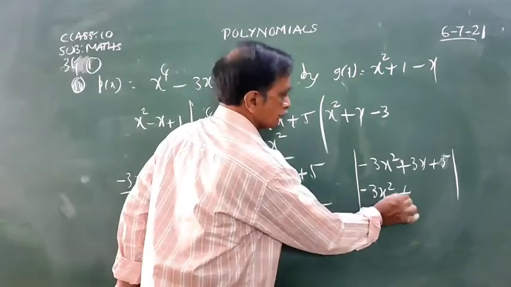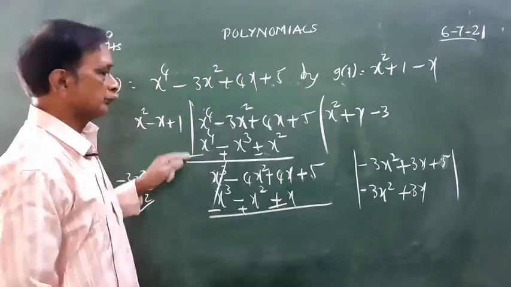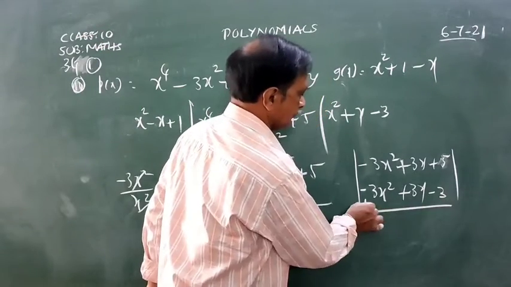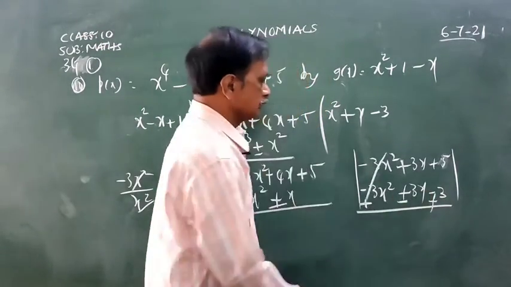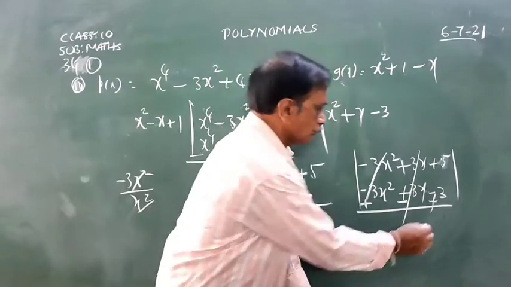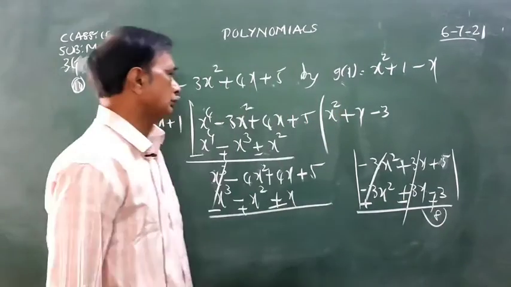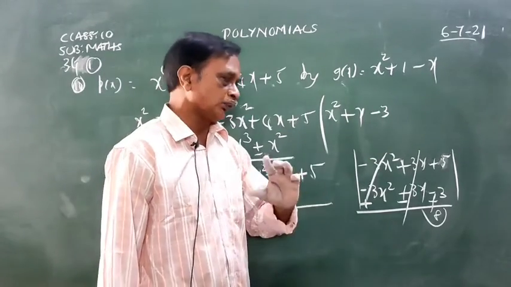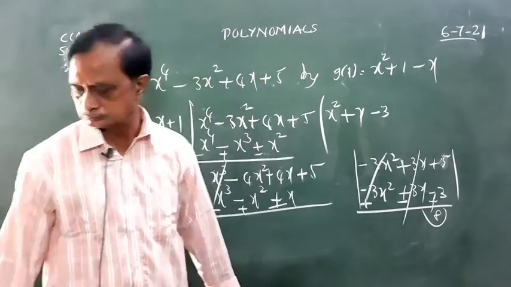Plus 3x. What is minus 3 into plus 1? Minus 3. Again subtract. You have to change the symbols of the second polynomial. 3x minus 3x gets cancelled. 5 plus 3 equal to what? 8. So now what is the quotient here? X square plus x minus 3. And what is the remainder? 8.